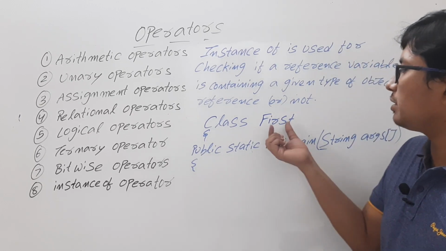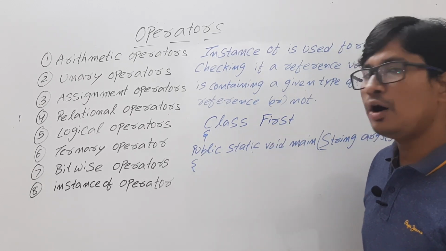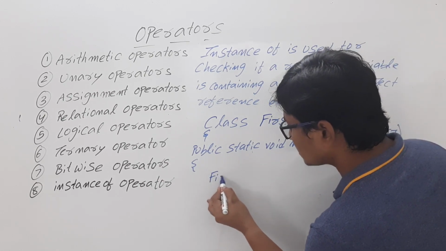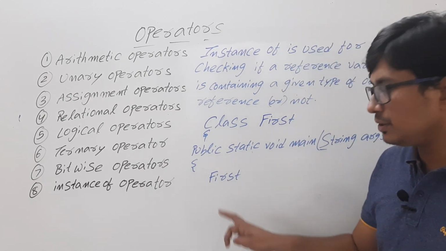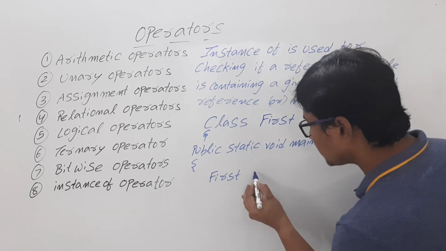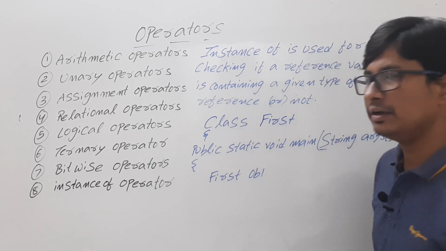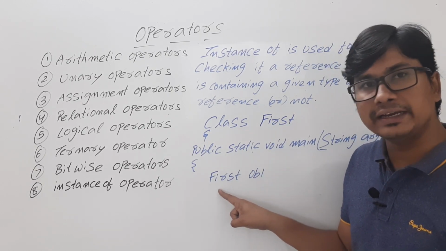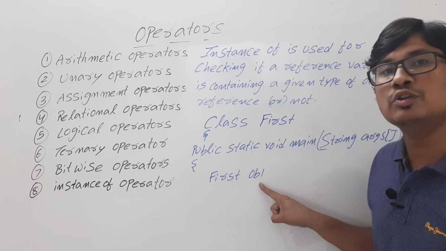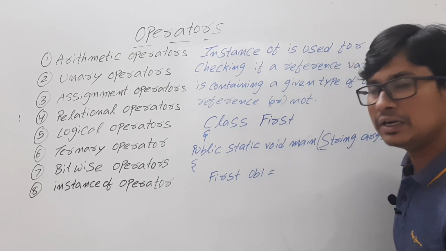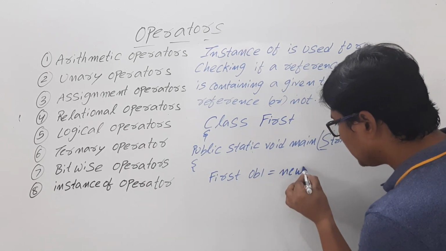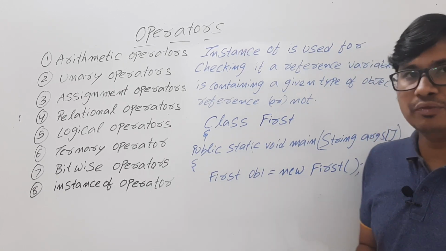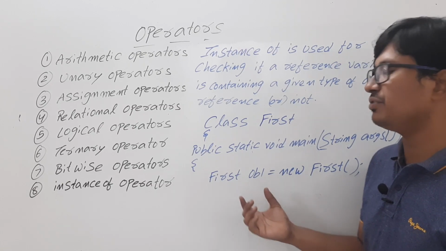Then I want to create an object for this class. First you need to write the class name, then the object name. Let me write it as ob1. So you need to write class name, object name is equal to new class name, braces. This is the way you can create an object for the class.